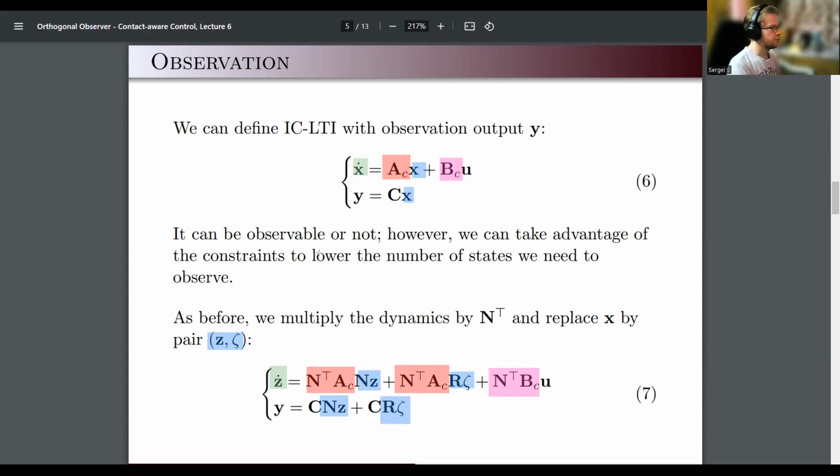So we substitute this pair into each place where x is, and we get these terms. Well, this is the same step that we did before. Mathematics didn't change, but notice that we also do it in the observation, of course. We want to change variables, so we do it there.